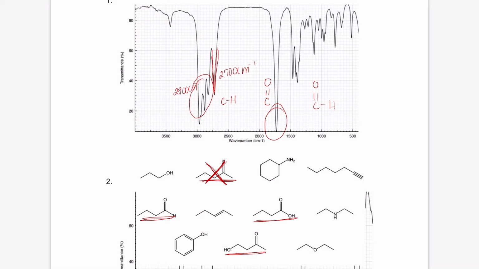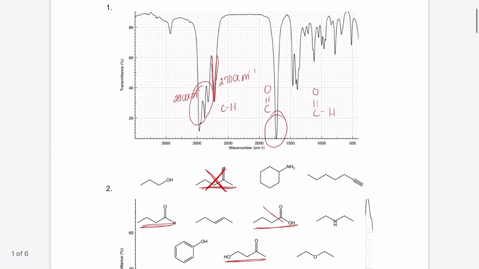If it was a carboxylic acid, then we would have a really broad stretch starting anywhere from 2500 going into the 3000, and it'd be really bumpy because it'd be mixed in with the alkane stretching. So it can't be our carboxylic acid. And then if we look at this last structure down here, it's a carbonyl group, and then we've got an alcohol. This right here is not a carboxylic acid.